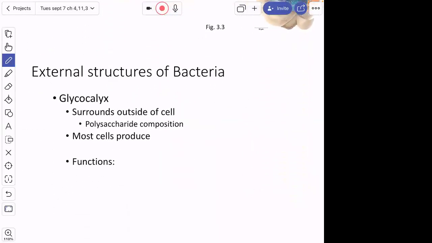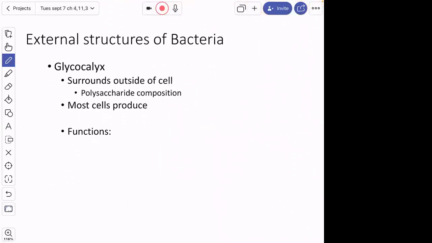All right, so like I said, we're gonna start from the outside of a bacterial cell and work our way in. So the first thing that we come to, most bacterial cells are going to have some kind of a glycocalyx. Okay, and this surrounds the outside of the cell, kind of a slimy substance that's secreted outside of the cell, typically made of polysaccharides.